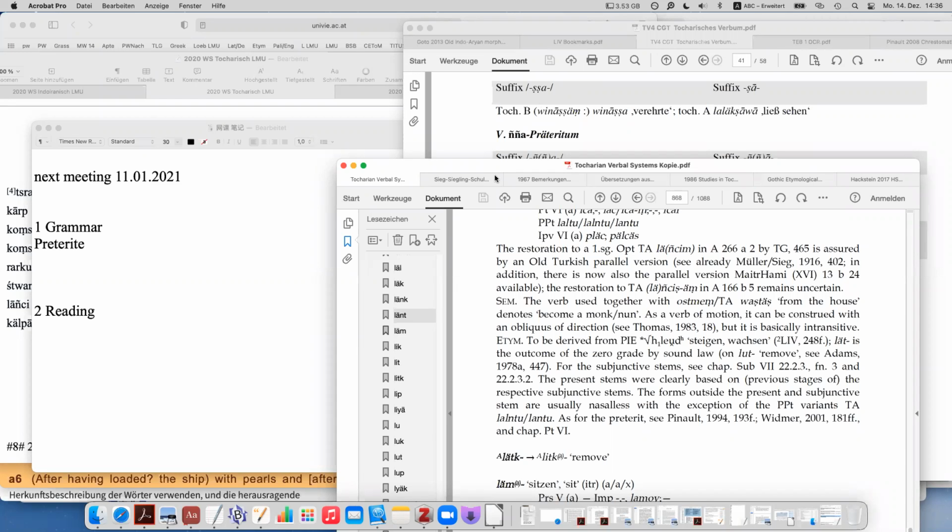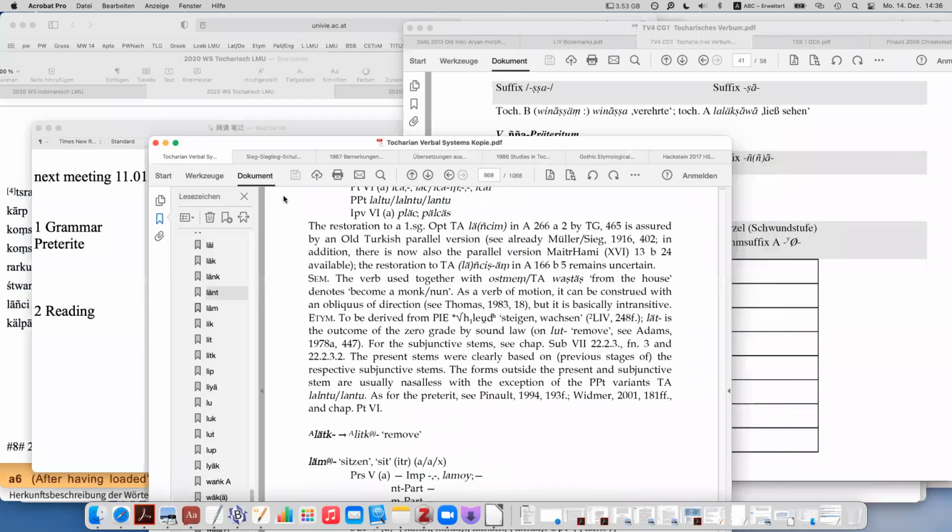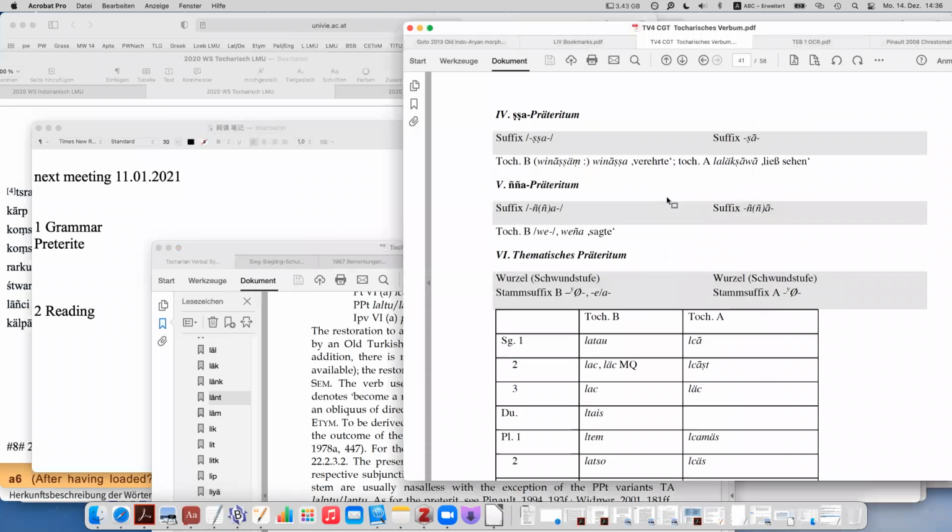Yes, so this is actually this root. Yes, as I said, the last three cases are pretty rare. We find only some, how to say that, some representative, some only specific forms under each category.